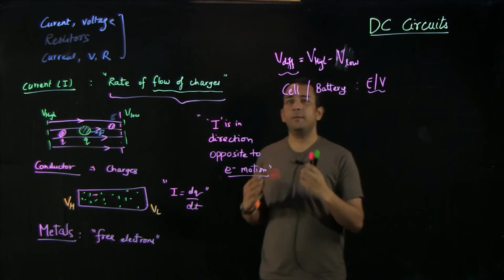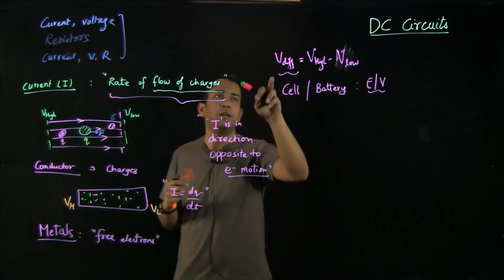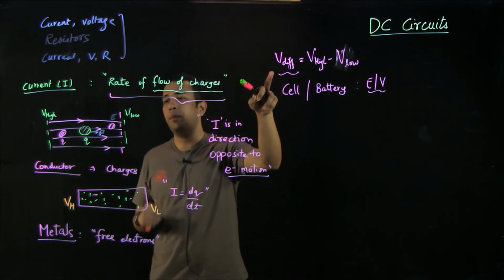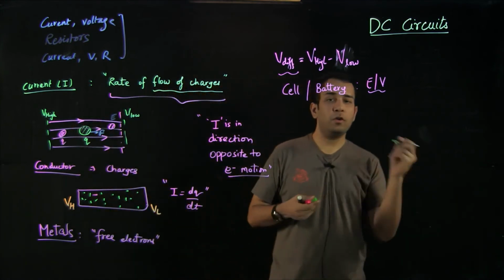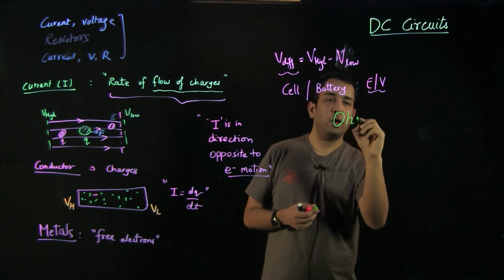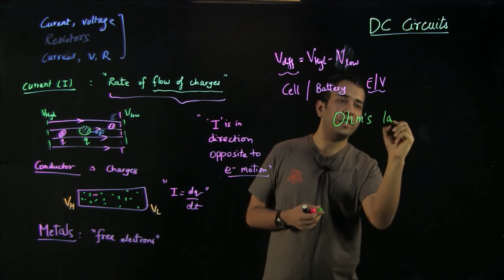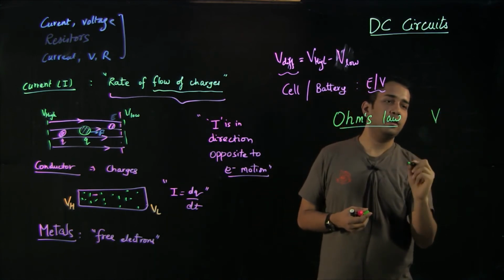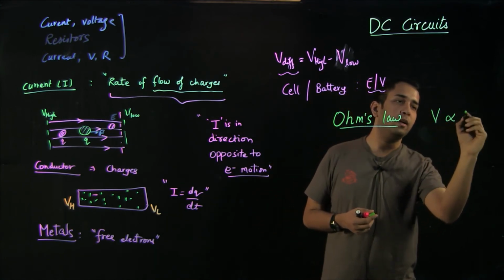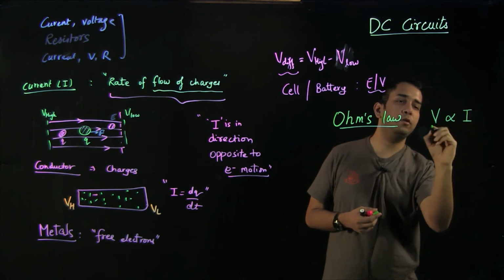But what is the relationship which relates the potential difference which has been applied and the current which has been induced in the circuit? For this, we know that Ohm's law defines that relationship. It says that the potential difference which has been applied is proportional to the current which is induced in the circuit.